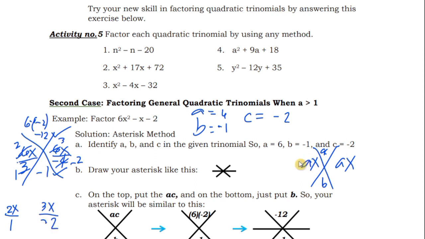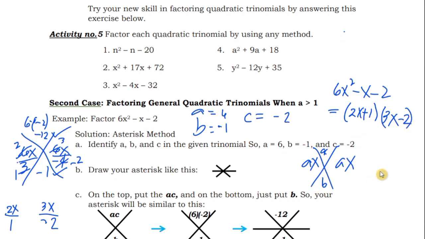Therefore, the factor of 6x squared minus x minus 2 is equal to 2x plus 1 times 3x minus 2, using the diamond method.